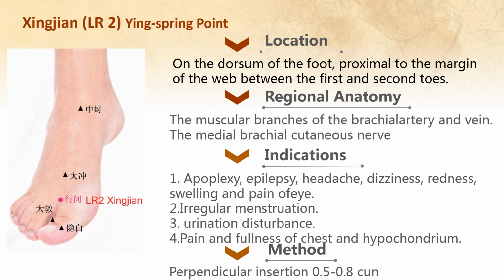This acupoint can be used to treat apoplexy, headache, dizziness, redness, swelling, and pain of the eye, glaucoma, and dry mouth. Irregular menstruation and urination disturbance are also its indications. The operating method is perpendicular insertion 0.5 to 0.8 cun.